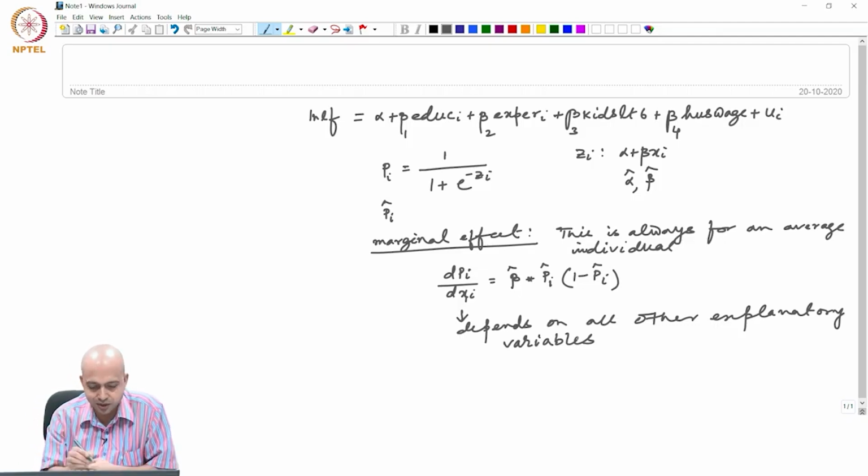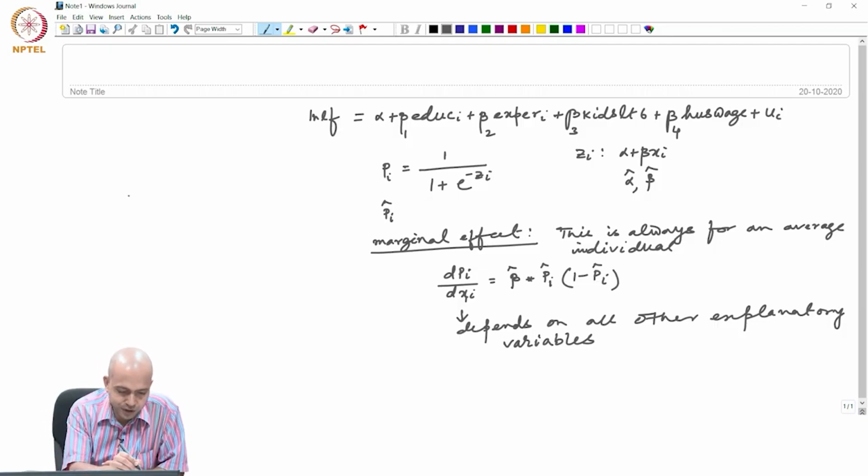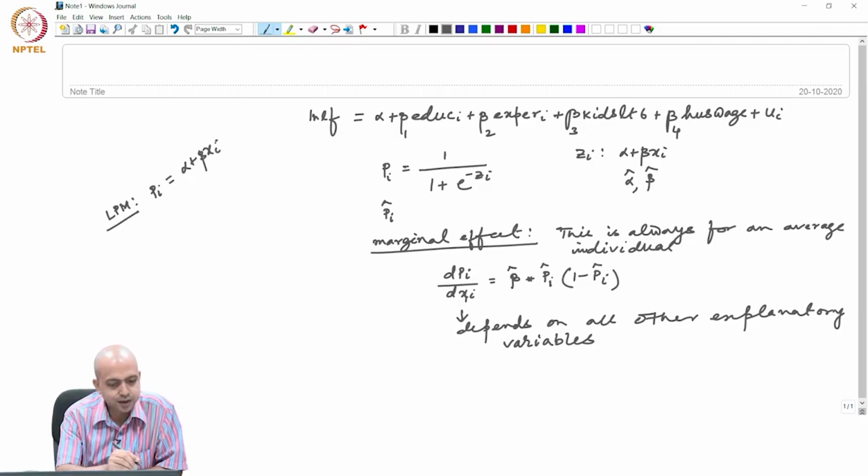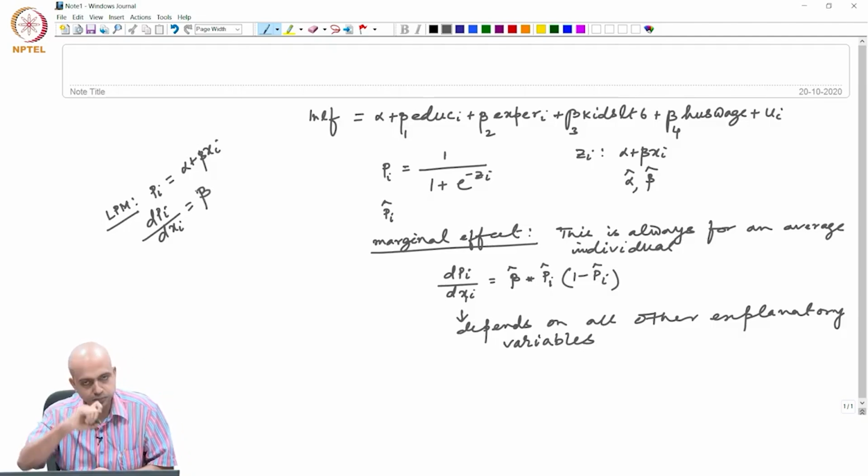So, if you differentiate in the linear probability model, in LPM, pi is basically alpha plus beta xi. So, if you take the derivative, it would be only beta.